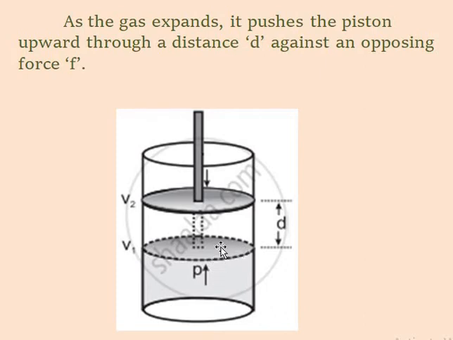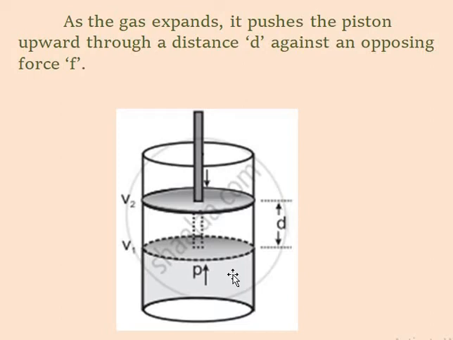If the external pressure decreases and the internal pressure increases, then the piston moves in an upward direction through a distance d. In this case, the opposing force is greater than the external force, that is, the external force is less as compared to the internal pressure.